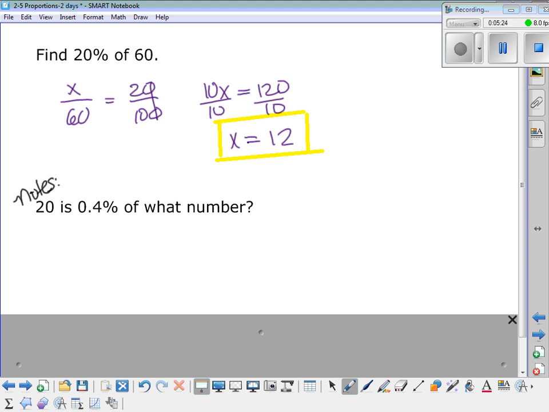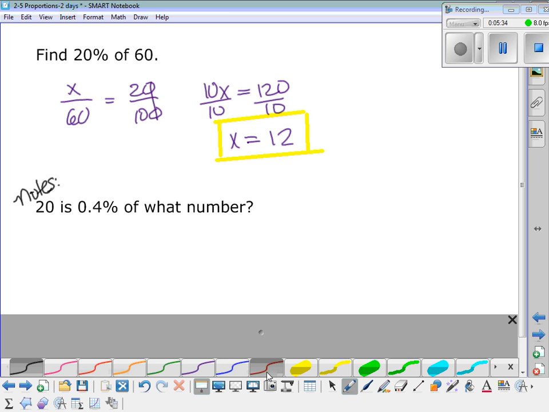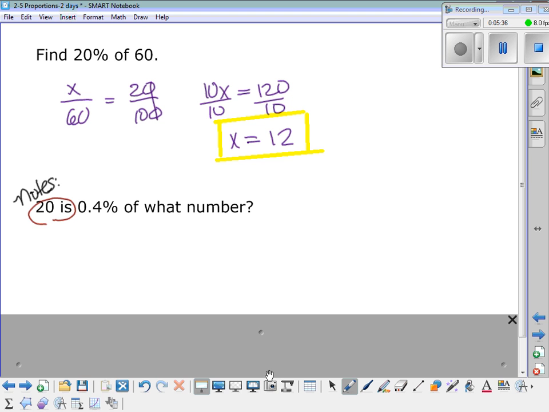Okay, this one's in your notes. 20 is 0.4% of what number? So 20 is, there's my is. Of what number? I don't know. So my of is x. 0.4% over 100.